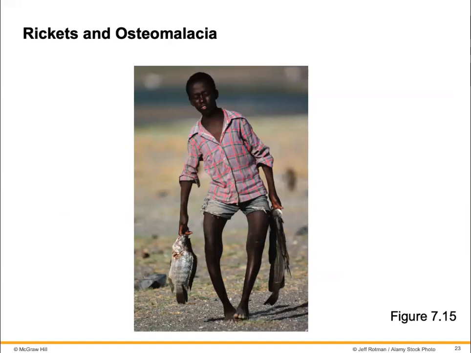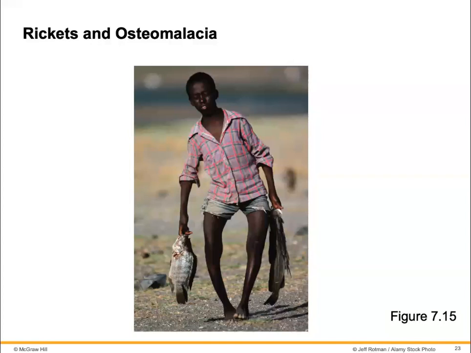So if you have an inadequate amount of calcitriol, so this is not enough vitamin D, what ends up happening is when you have bone deposition, you're having more of the collagenous material deposited as far as the matrix goes, and less of the hard material in the form of calcium carbonate and the hydroxyapatite.